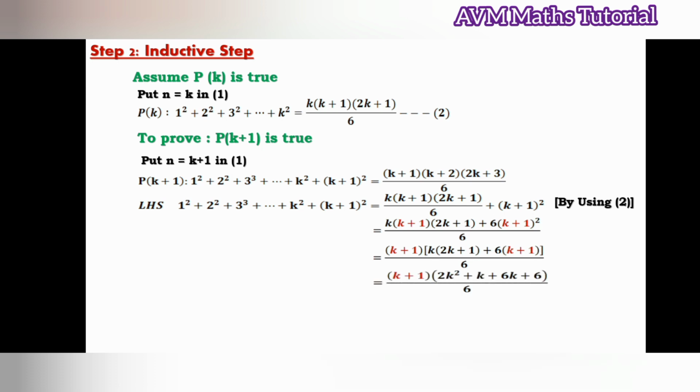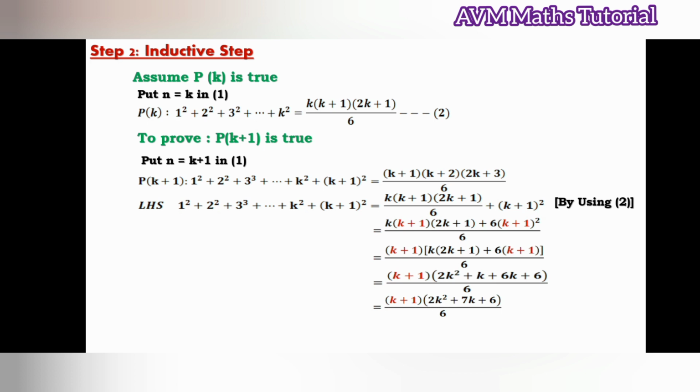Therefore the first term is (k+1), and the second term we multiply out, and we get 2k squared plus k plus 6k plus 6, divided by 6. The first term stays as it is, that is (k+1). The second term simplified gives 2k squared plus 7k plus 6, divided by 6. Now the second term is a quadratic equation.